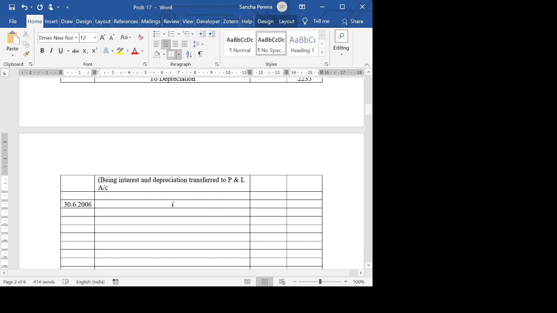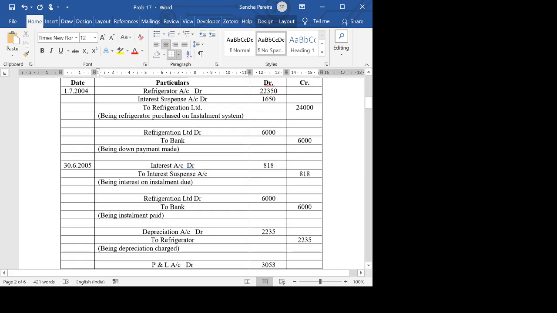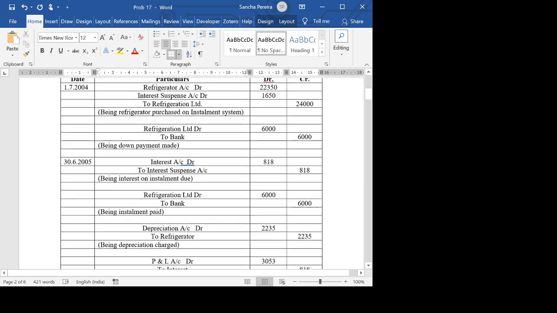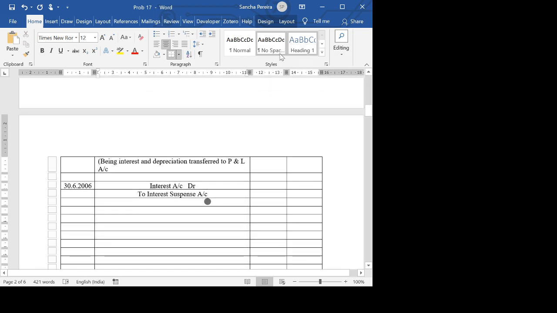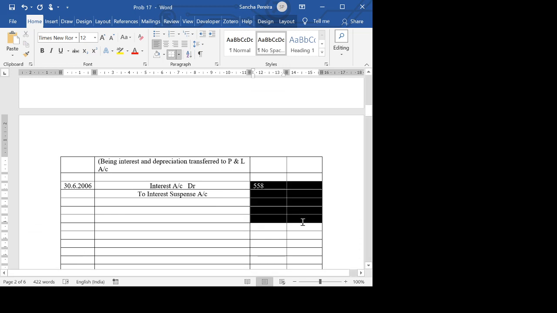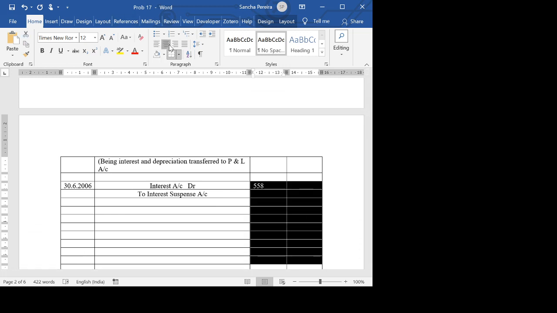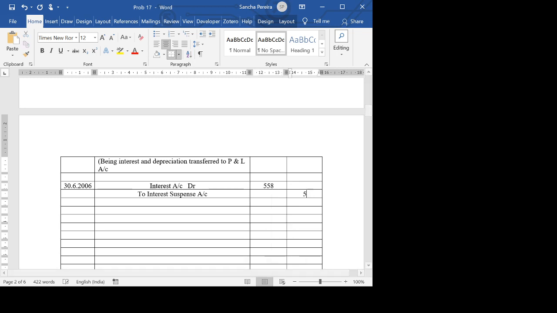So it's interest account debit to interest suspense account. The second interest is 558.